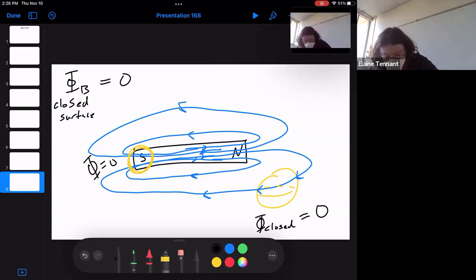You can say, well, flux is really the integral of B dot dA. So the integral of B dot dA will equal 0. But it means the same thing, where because you can't have a north side without a south side, you can't have a closed surface having a non-zero flux. And that's Gauss's law for magnetism.